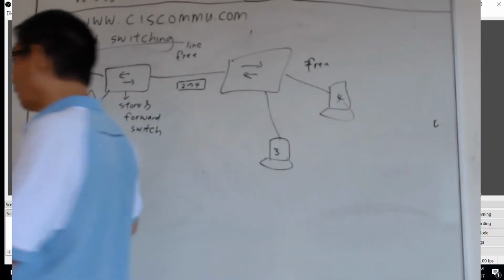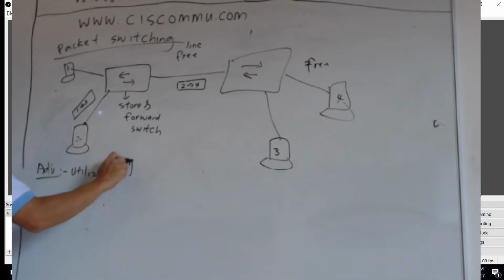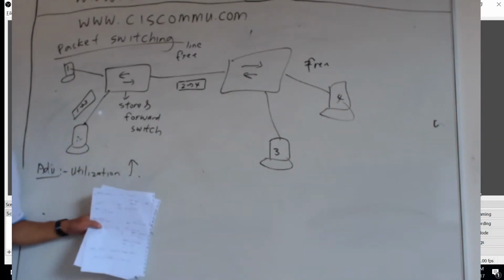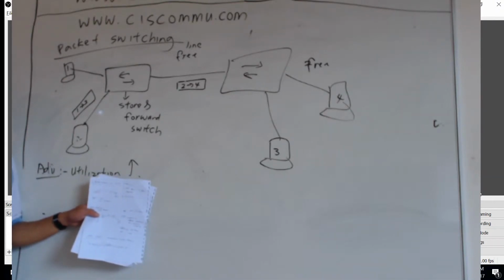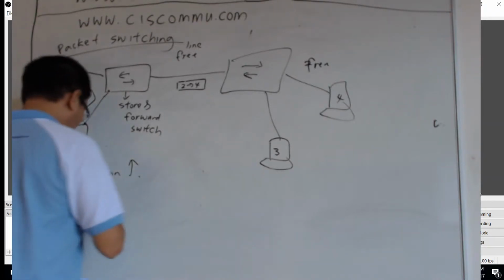So you have multiple cables you can send on. In this case, the advantage is that the utilization will be much higher compared to circuit switching. But what would be the disadvantages? It will be complex.